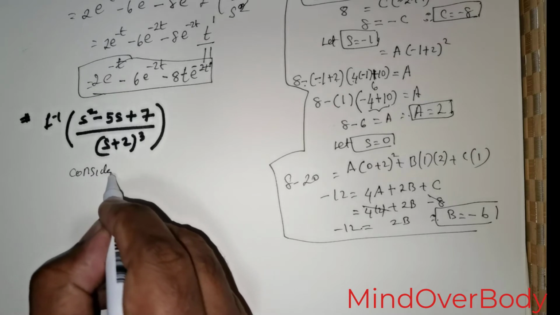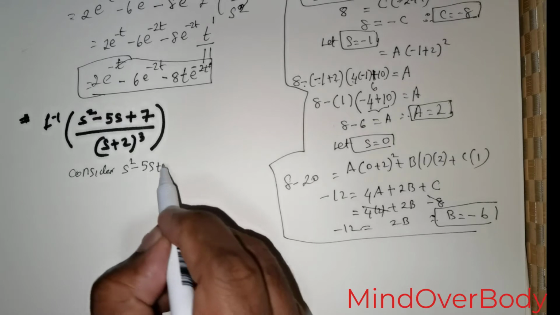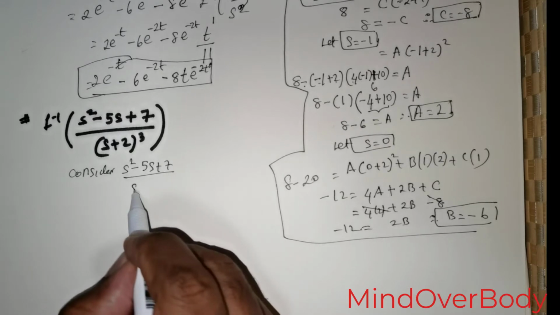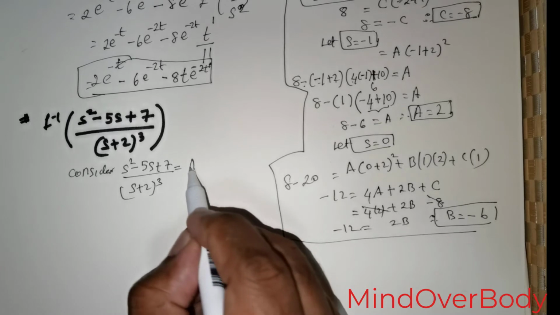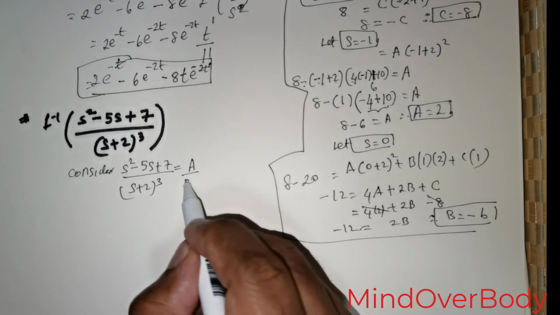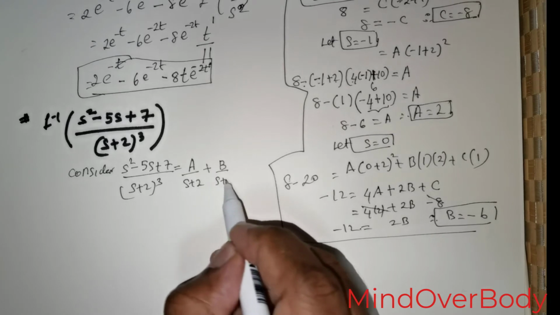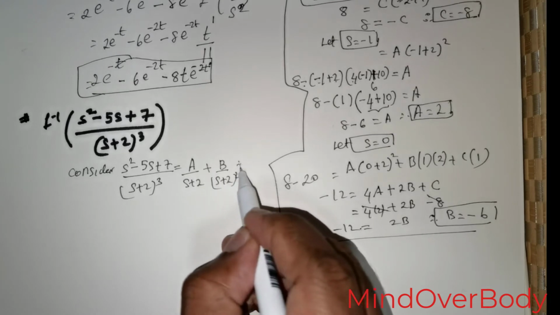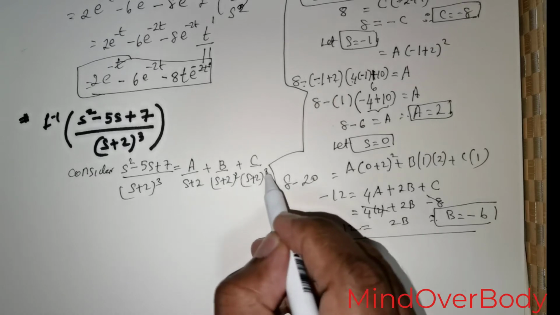So I'll start off by saying consider S squared negative 5 times S positive 7 divided by S positive 2 raised to the power of 3, and I'm going to represent this as A over S positive 2 followed by B over S positive 2 raised to the power of 2 followed by C over S positive 2 raised to the power of 3.